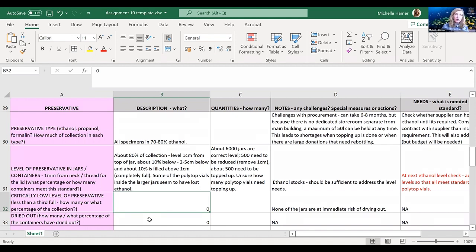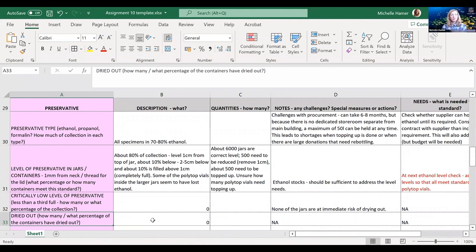Do you have any dried out specimens, and how many or what percentage? It may be that you came in and took over from somebody else and the collection was in that state when you started there, and you don't know how long they've been dried for, and you don't know if you can salvage them. Maybe you can't.